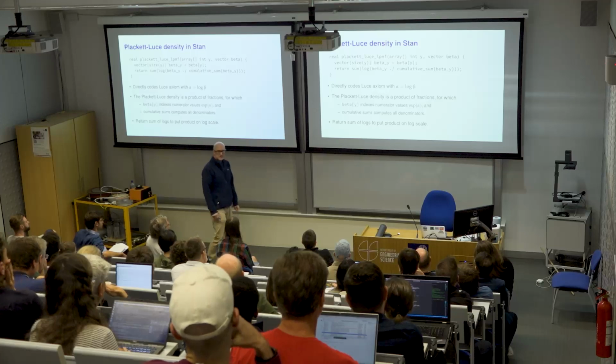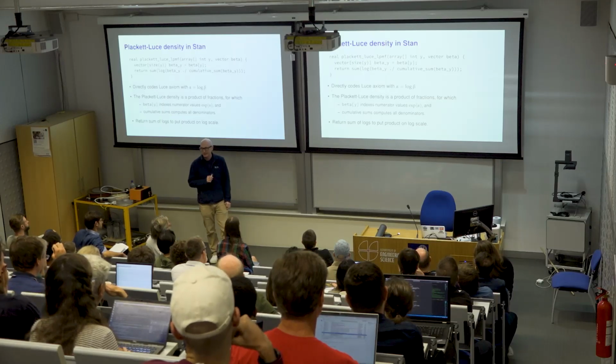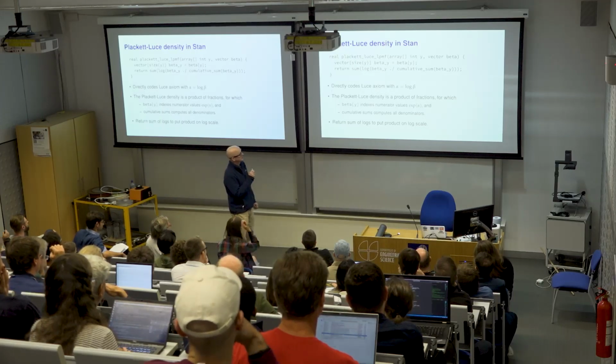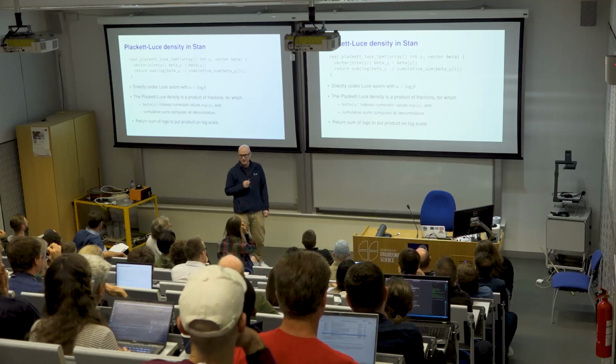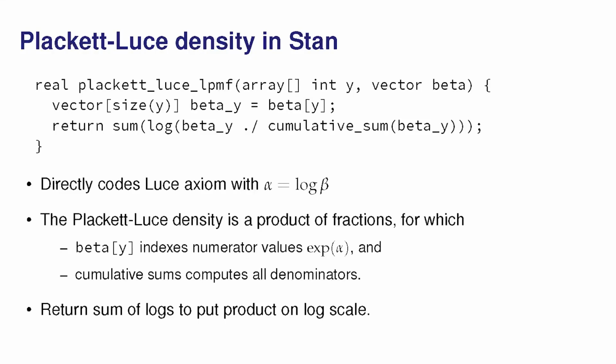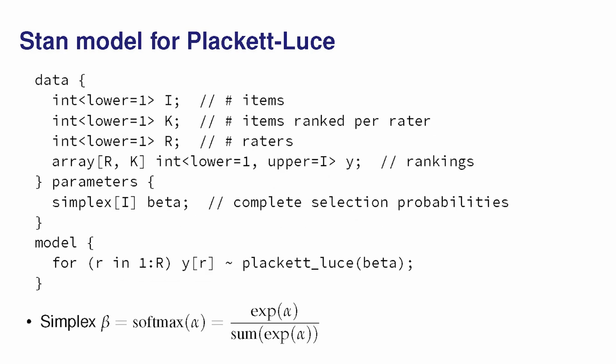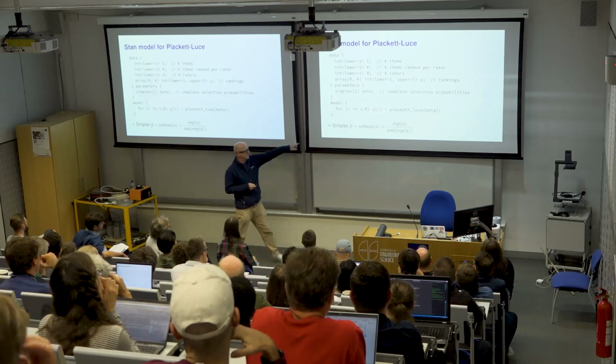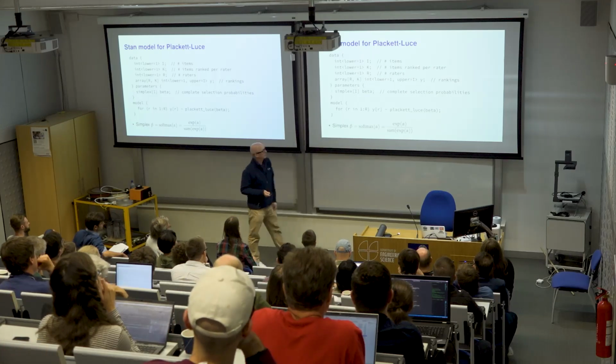Right? So the Plackett-Luce density turns out to be really, really easy to write in Stan. It's not particularly clear right away that this is the right thing to do, but it's an efficient implementation of this. Right? So this directly codes the Luce axioms. Right, so beta, normally we're thinking of softmax of alpha equal to the exp of alpha over the sum of the exponentiations. That's what our beta is actually equal to.